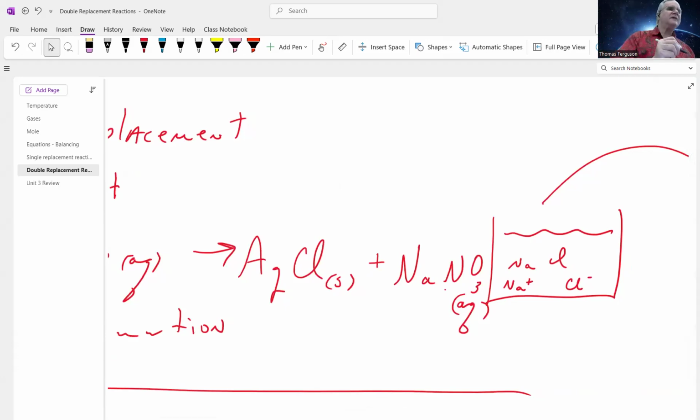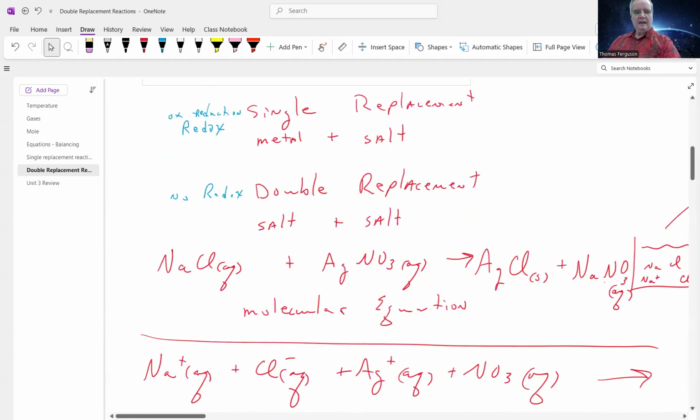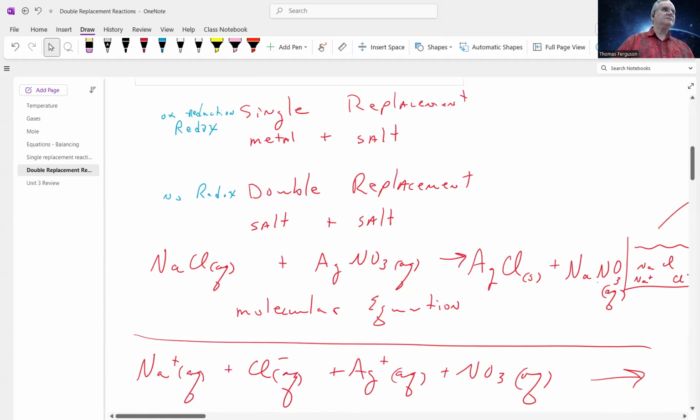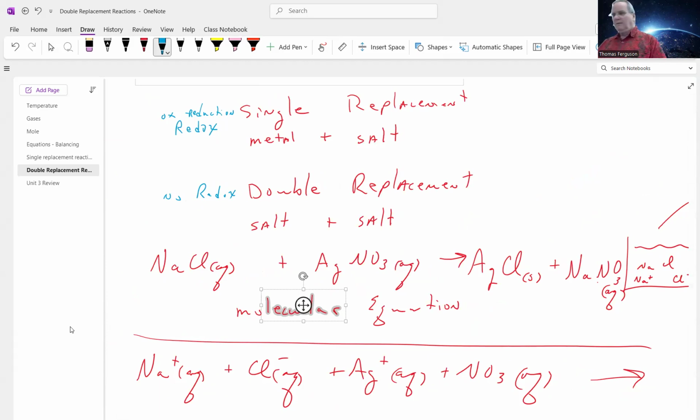So white is AQ, black is S. And then we have to make sure it's balanced. So we have one sodium, one silver, one chloride, one chloride. So it's balanced as written, but always check. Always check, do a quick inventory.